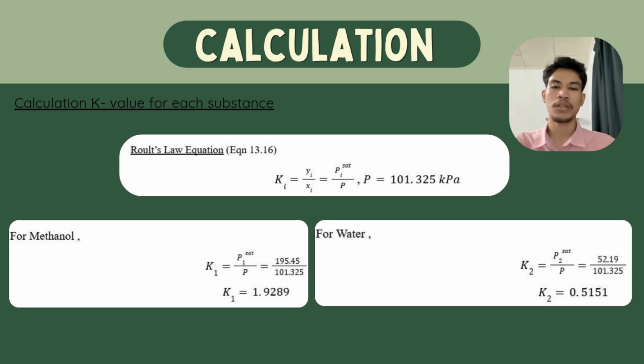For methanol, we just substitute the value from the vapor pressure. For K1, we get 1.9289, and for water, we get K equal to 0.5151.